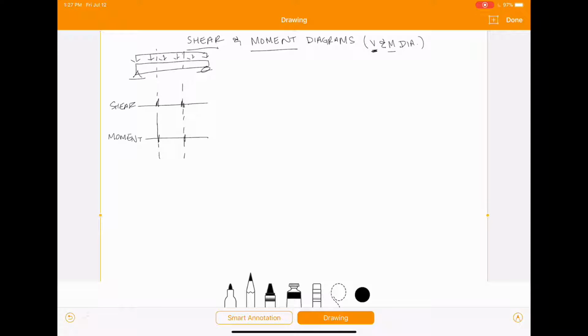But if we develop a graph or a diagram of the shear and moment, we no longer need to cut it multiple times to find our internal forces at various points. We can just pull values from this graph or diagram, which saves us time and energy and is way more efficient than cutting the beam, say, in 10 different places.